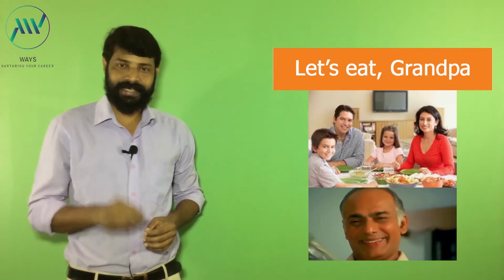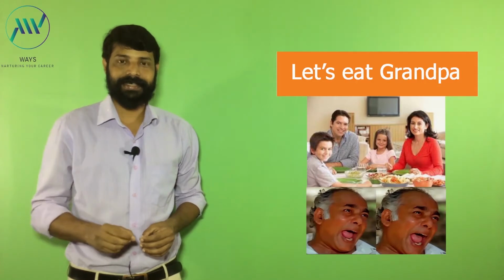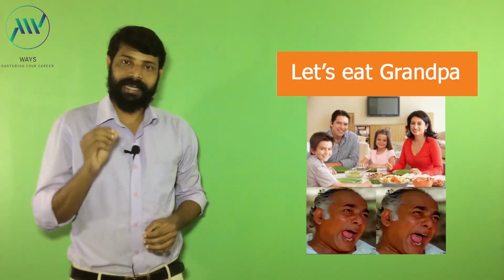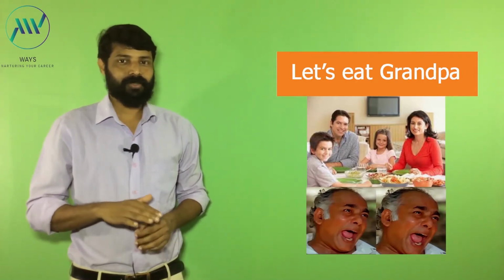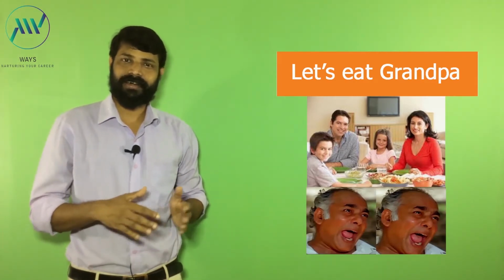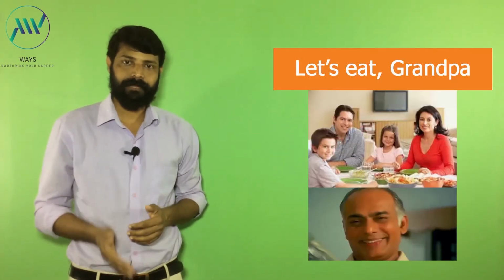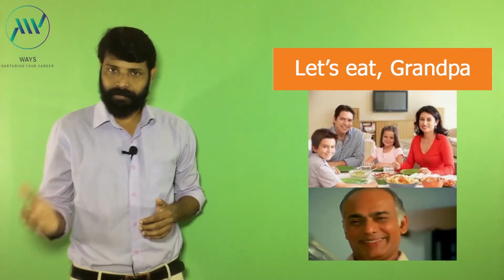See, in the first example, the omission of the comma made grandpa the unintentional object of the sentence. So the total meaning of the sentence got changed. Then grandpa thought they are going to eat him. That's why he cried. But in the second example, when we applied the comma, we separated grandpa from the sentence.